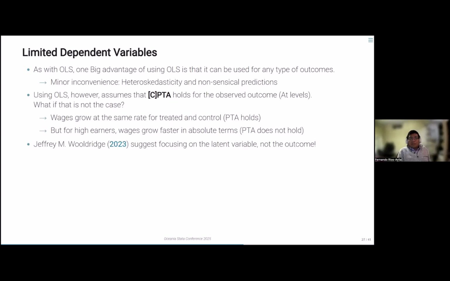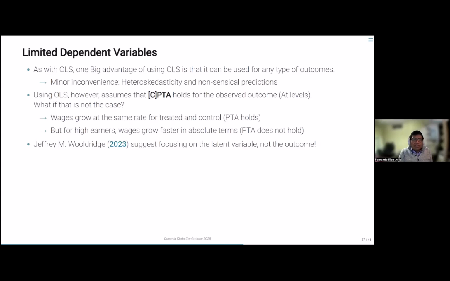Limited dependent variables. So, as before, because we're using an OLS, the big advantage is that you can use any kind of outcomes with the minor inconvenience of either heteroscedasticity or nonsensical predictions. However, if you decide to do that, you need to be aware that one is implicitly assuming that the parallel trends assumptions or the conditional parallel trends assumptions hold at levels, but that may not always be the case.